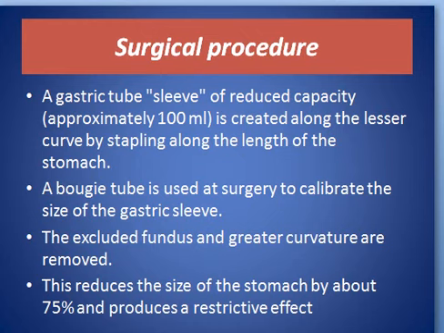is a gastric tube or sleeve of reduced capacity, about 100 cc, created along the lesser curvature, stapling along the length of the stomach. A bougie tube is used at surgery to calibrate the size of the gastric sleeve.